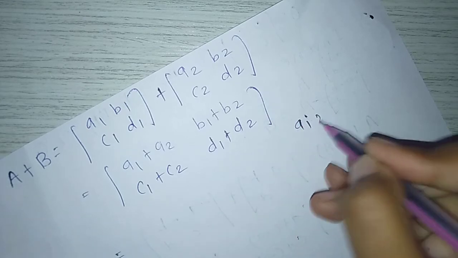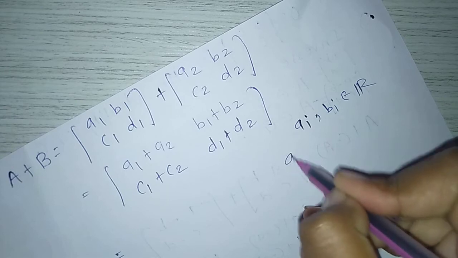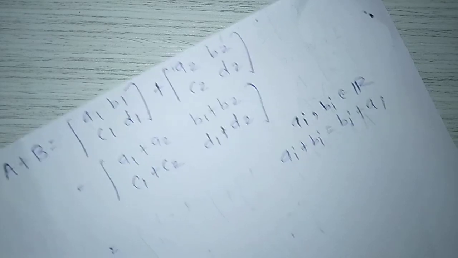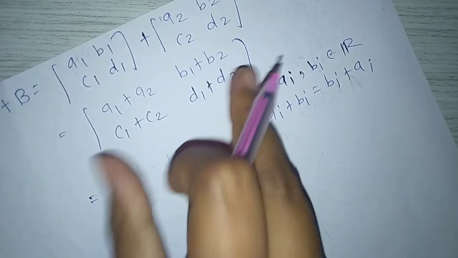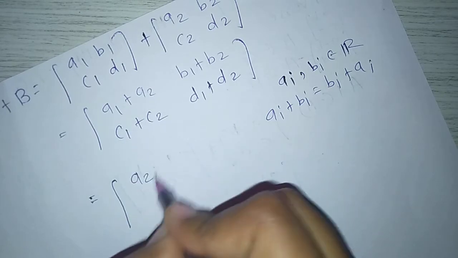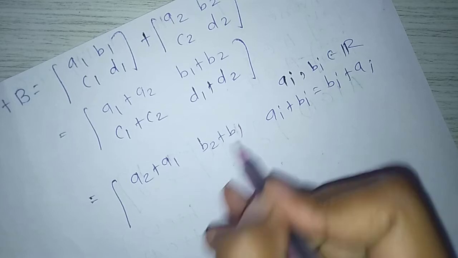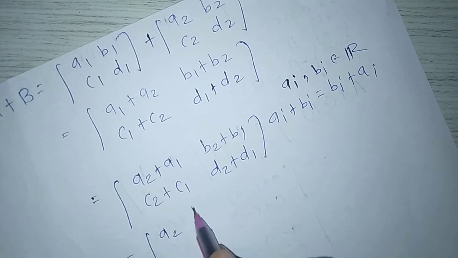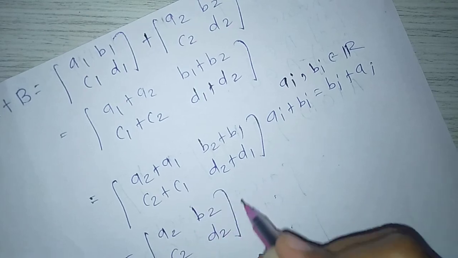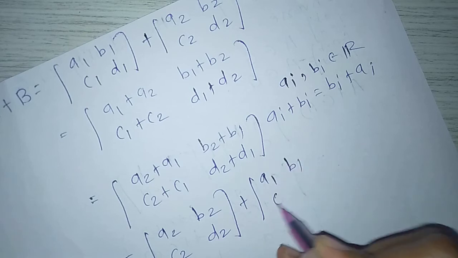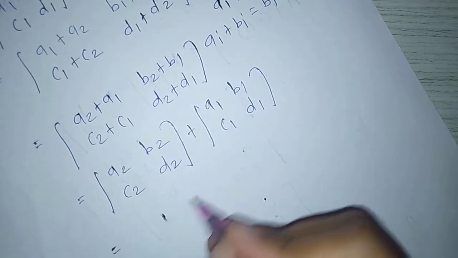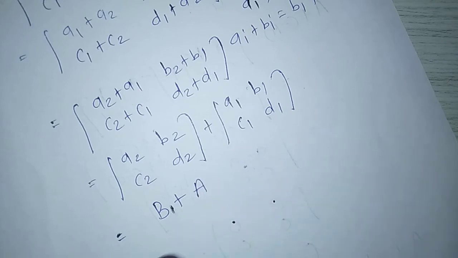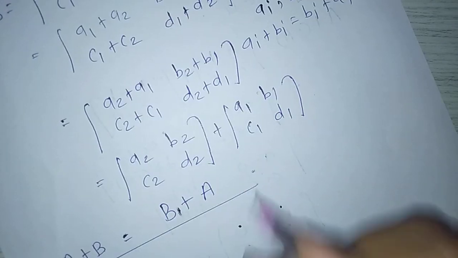Here a_i, b_i belongs to R, meaning a_i plus b_i equal to b_i plus a_i, because addition is commutative on R. That's why here we write this step: a2 plus a1, b2 plus b1, c2 plus c1, d2 plus d1, which is equal to a2, b2, c2, d2 plus a1, b1, c1, d1, which is equal to this matrix, B, plus this matrix, A. Here we get A plus B equal to B plus A.